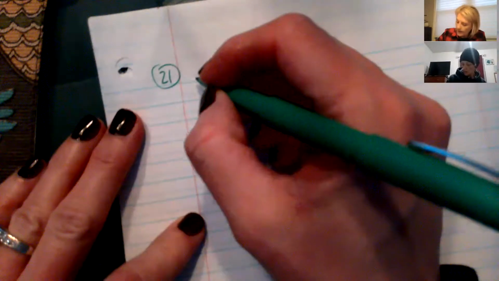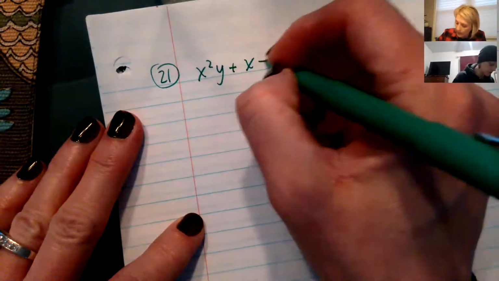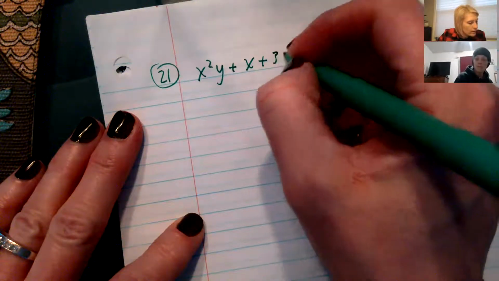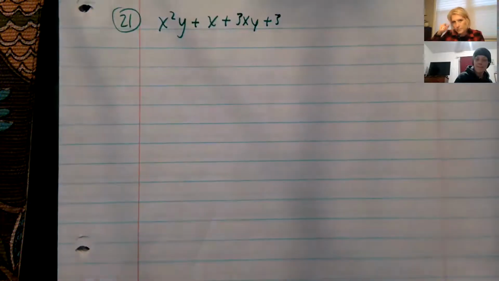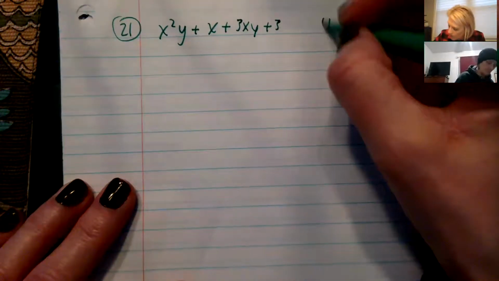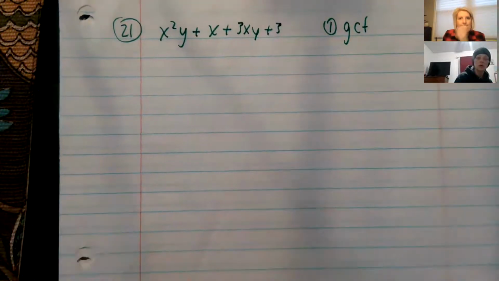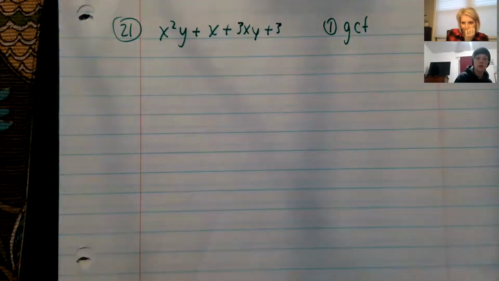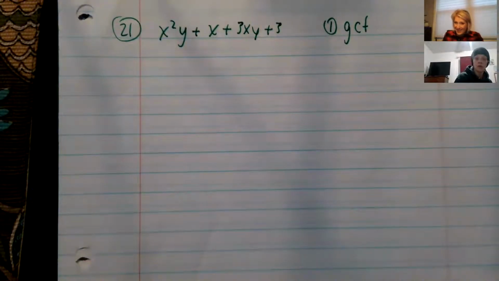So 21 gets our last case, our last scenario that can work, for what we've been working on so far. We always look for the greatest common factor if there is anything. You see anything?